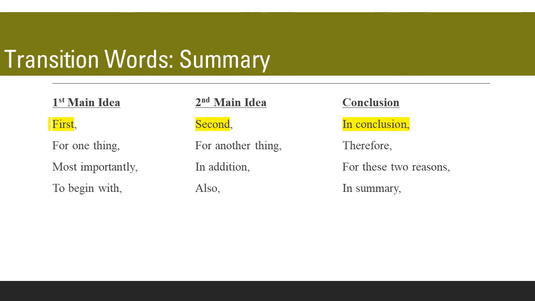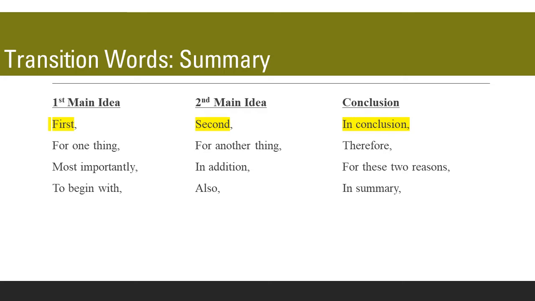Again, you want to use a transition word at least 3 times in your writing. You'll use it before the first main idea, before the second main idea, and one last time before the conclusion. Now, this list shows some ideas of words that you can use as the transition to introduce these 3 sections. The 3 that are highlighted are the ones that I recommend the most because they're the easiest to remember.